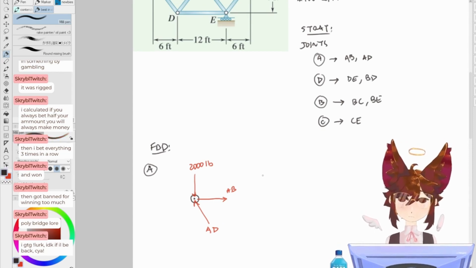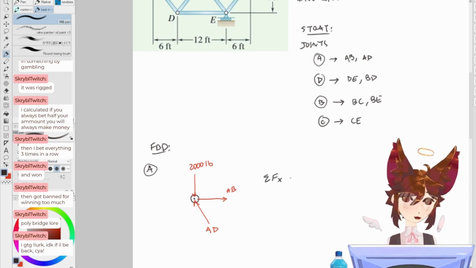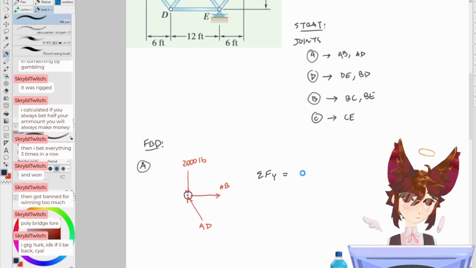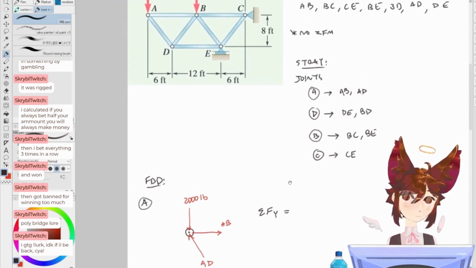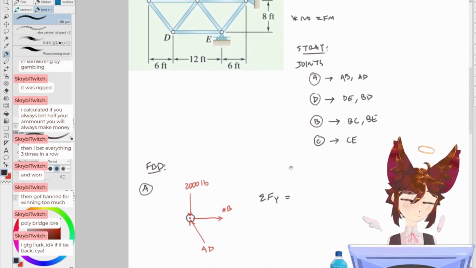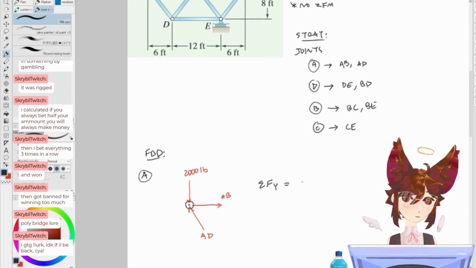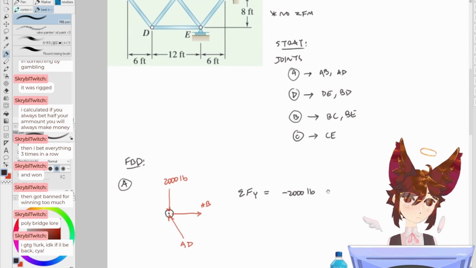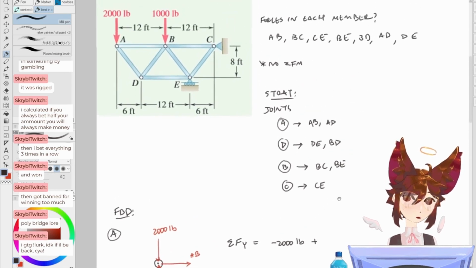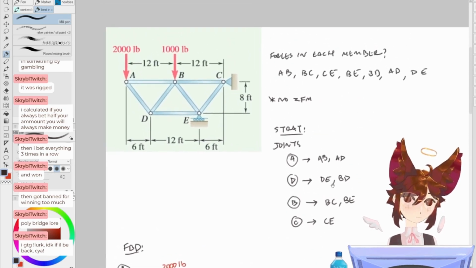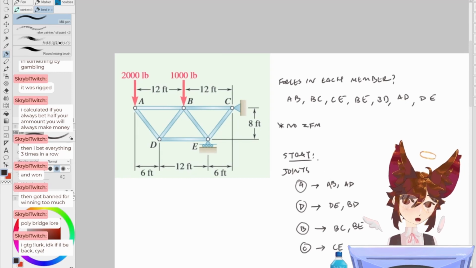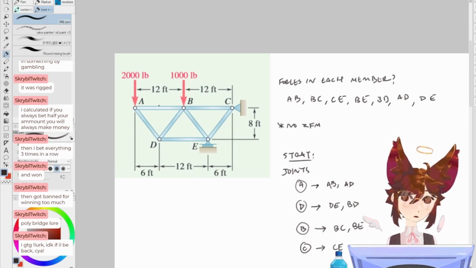So then we do sum of the forces in X equal, nope, sum of forces in Y first. We'll do this. We'll do 2,000, so negative 2,000 pounds plus... I mean, this is 6. Okay, well, we know that it's a 45-degree angle.